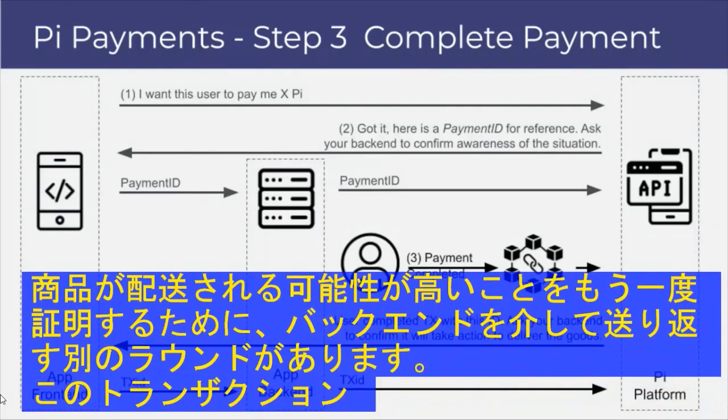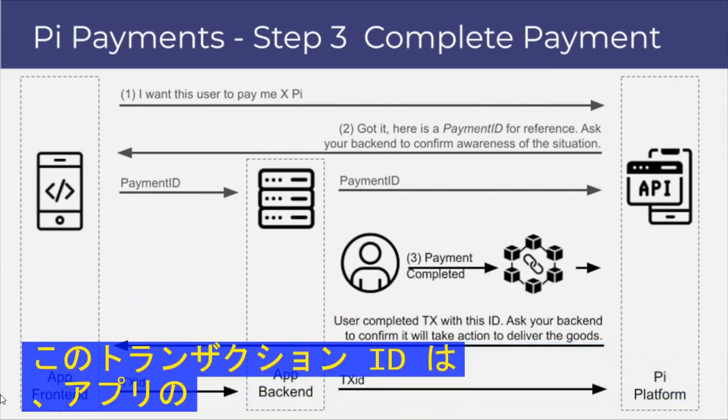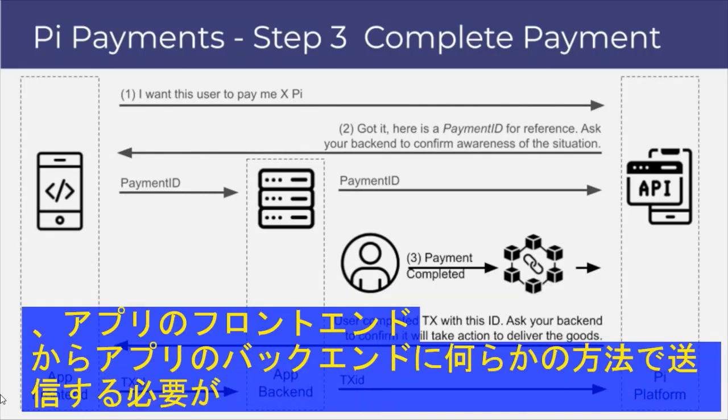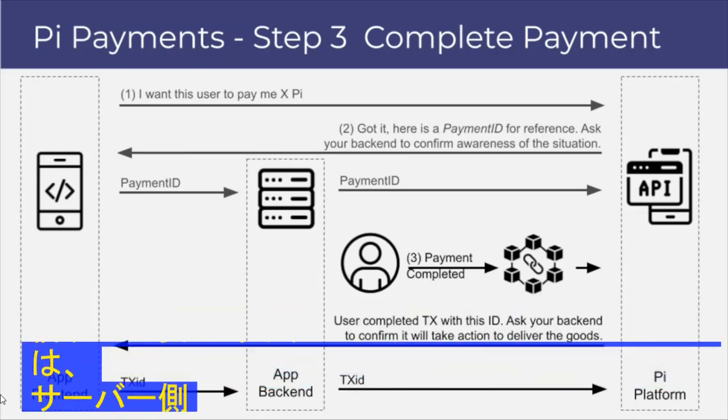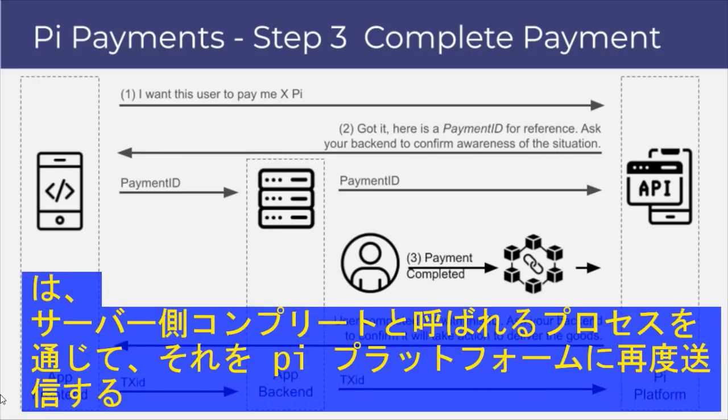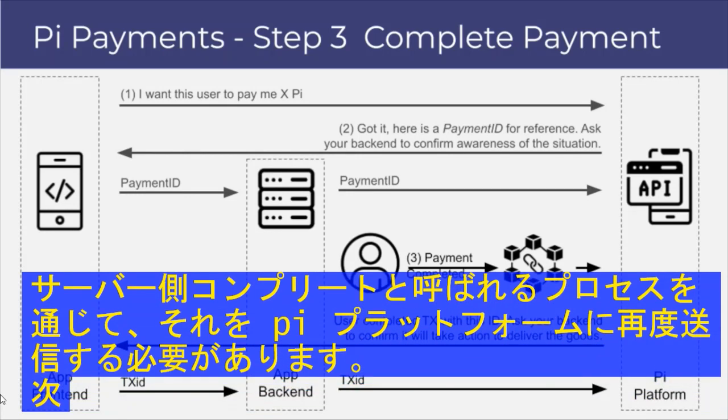And so this transaction ID has to be sent by the app's front end back to the app backend, and the app backend has to send it again to the Pi platform through the process that we call server-side completion.